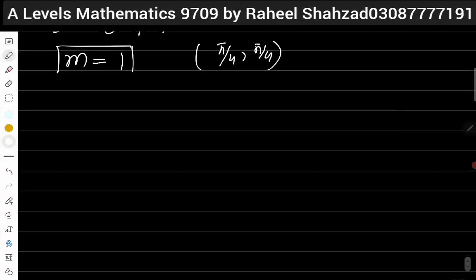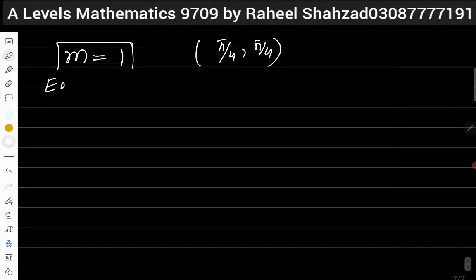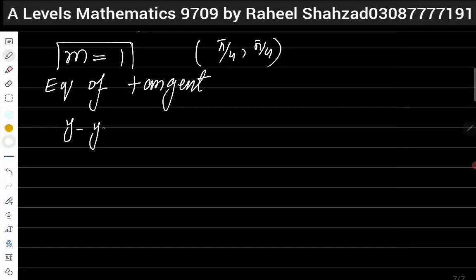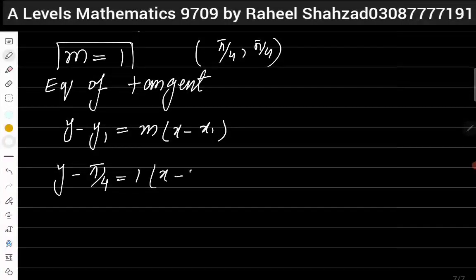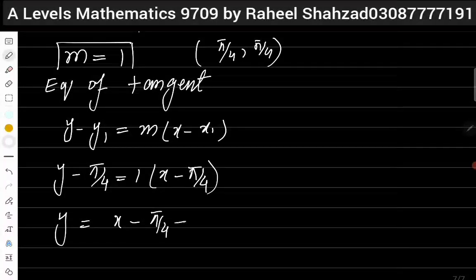Hence the equation of the tangent is going to be y − y1 is equal to m(x − x1). So y − π/4 is equal to 1 times (x − π/4). So y is equal to x − π/4 + π/4, that cancels. So y equals x.